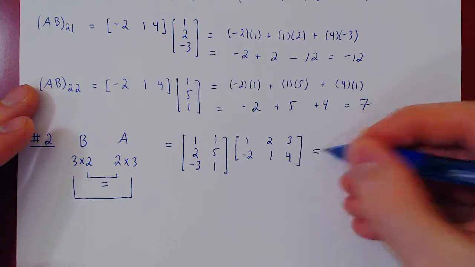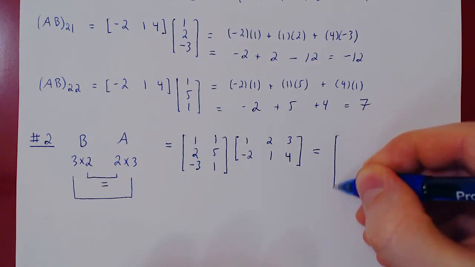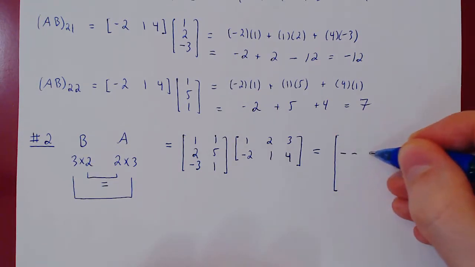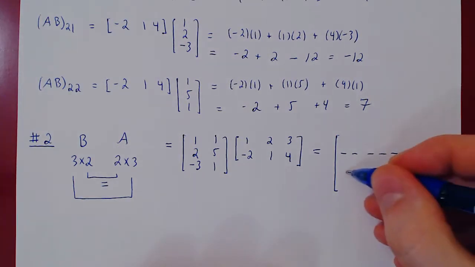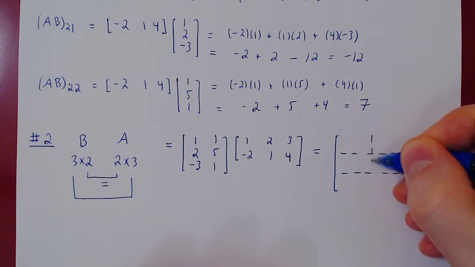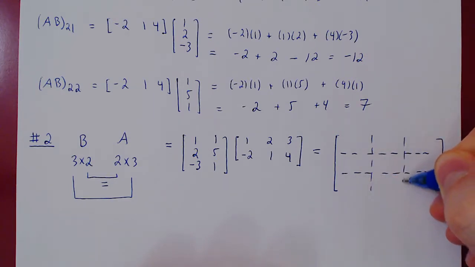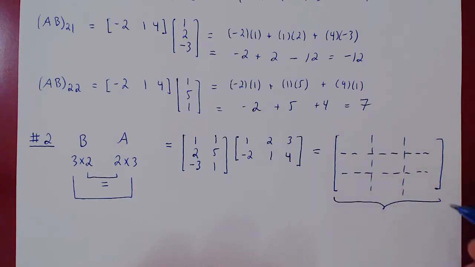And the new matrix, as we have just said, will be a 3 by 3 matrix. And we will construct the matrix BA, as we have just said before, one row at a time.